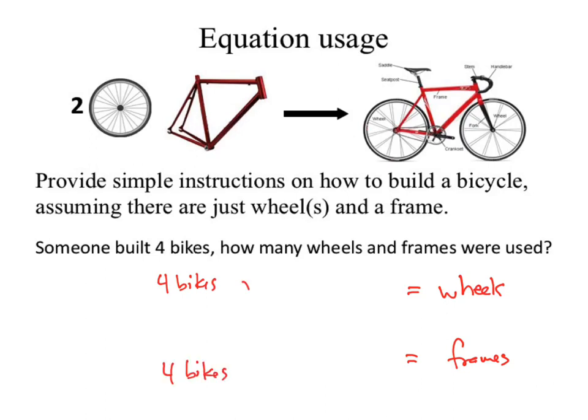What is my conversion factor between bikes and wheels? One bike, 2 wheels. What is my conversion factor for bikes and frames? Now I can multiply it out and do it. And you're like, oh, that was easy. Dude, that's easy because it's at a scale you can manipulate and see. You can confirm that with your own internal logic system because you can see the bicycle.